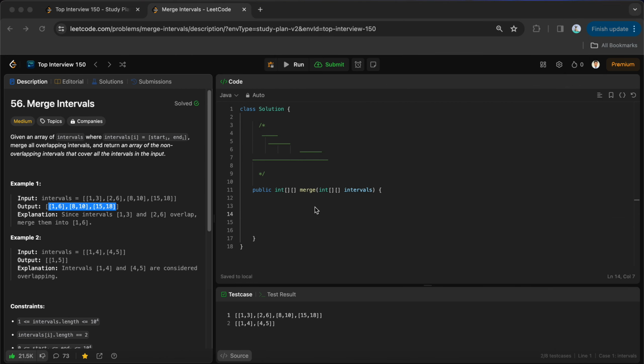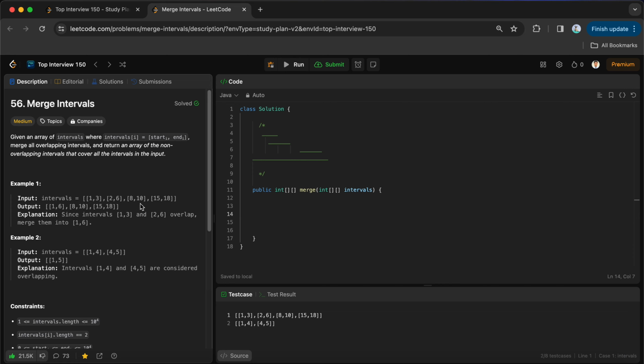Let me say here, suppose I took some example, and initially what we can think is, we are given the array and all the points are distributed. When we try to think how we can make sure that two intervals are overlapping, we can think about sorting.